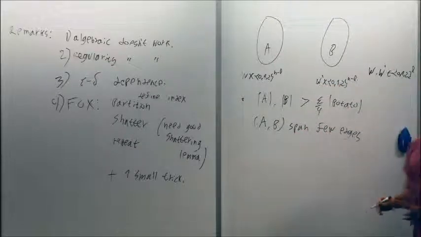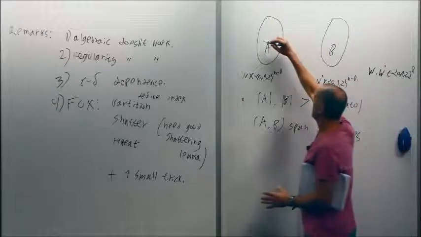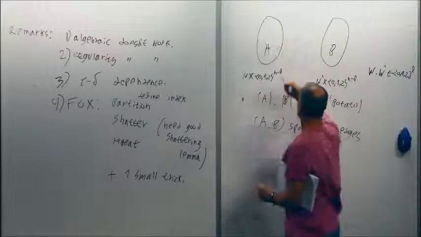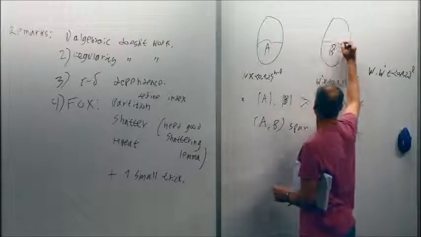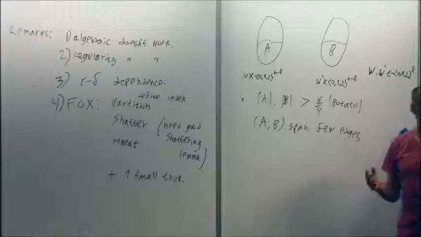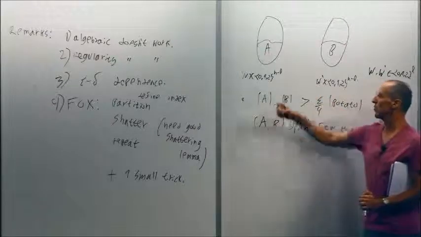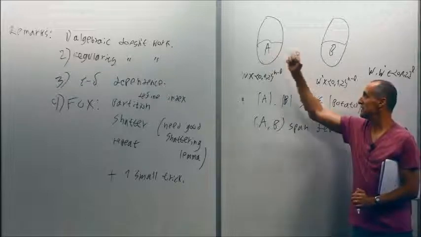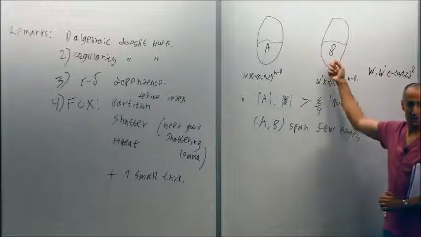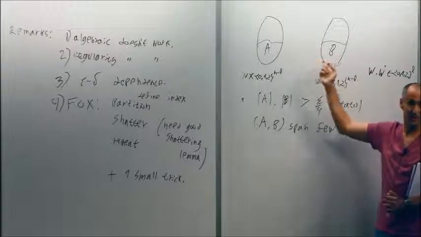I don't want to even say what few is. They span very few edges. Okay, so here's A and here's B. Intuitively, our explanation for why they span few edges is maybe because in here I took all vectors whose 90th coordinate was 0, and here also I took all vectors whose 90th coordinate was 0, and that's why maybe they don't have any edges at all.